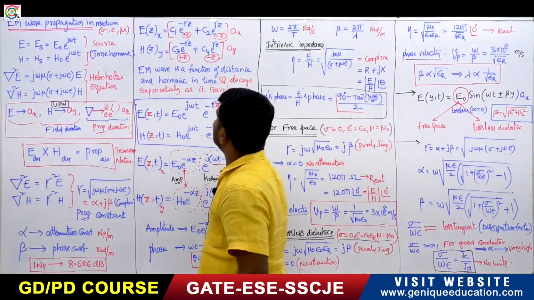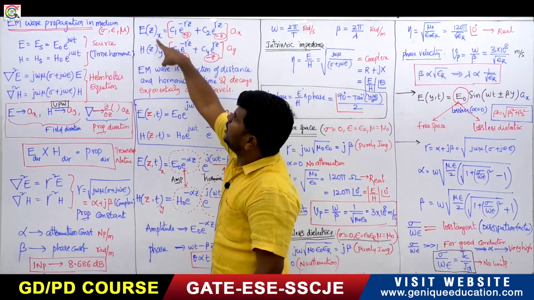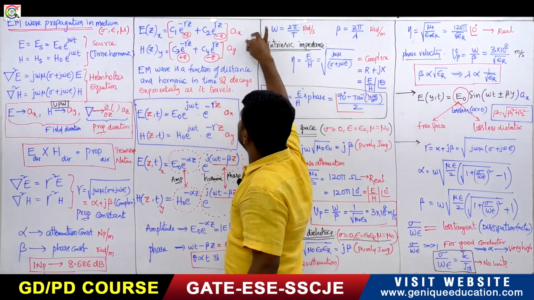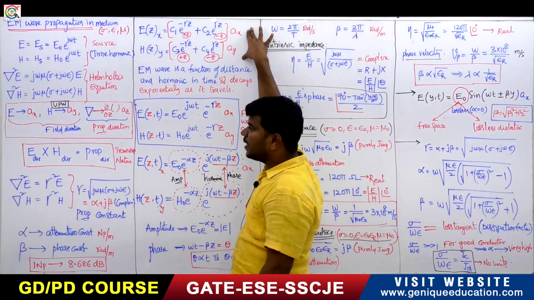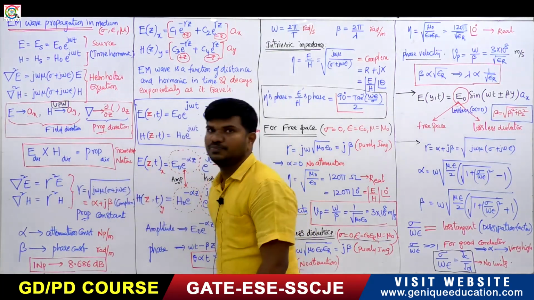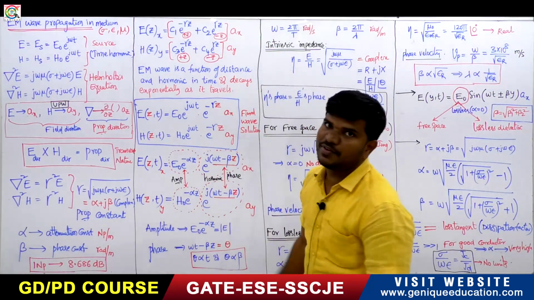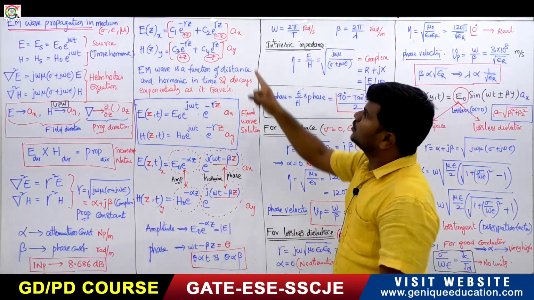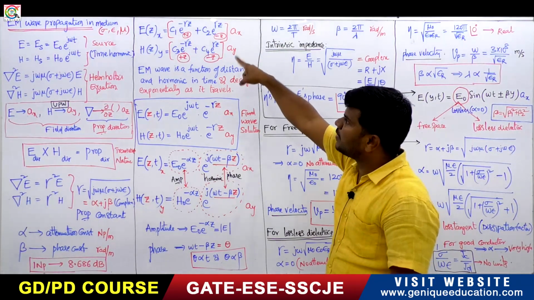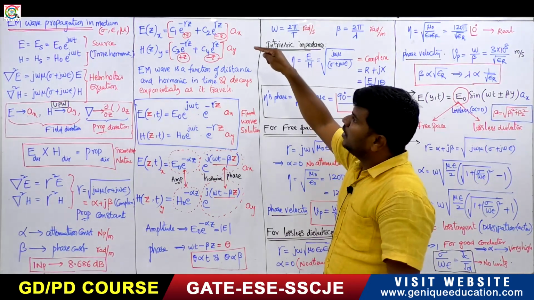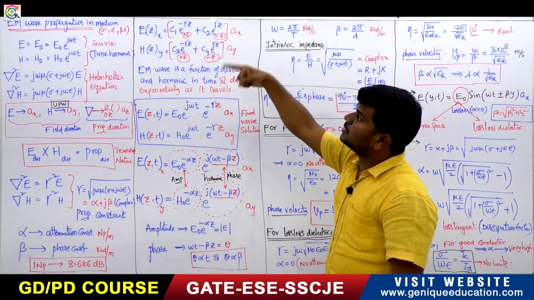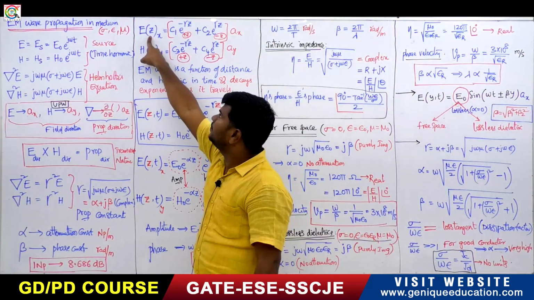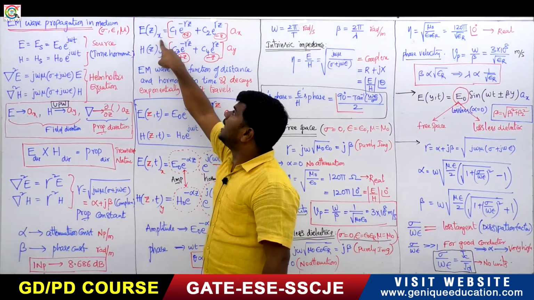If you observe this, these two are called E of z and H of z. These two are called the EM wave equations, because they are derived from this. So by using that expression, E of z suffix x represents the electric field traveling in z and directed in x.